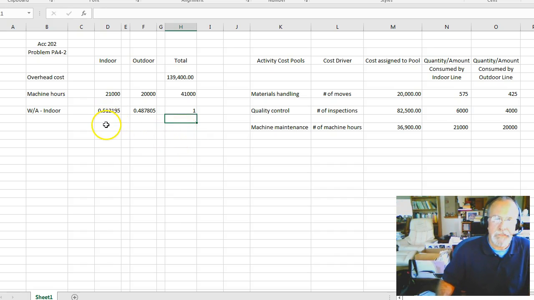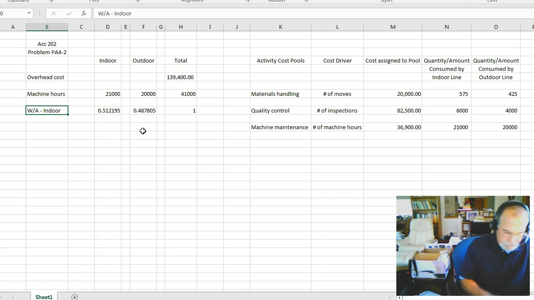So what that tells us is that using traditional cost allocation to allocate this overhead cost between the two products that the company makes based on machine hours for each of the two products, I should just call this weighted average because I've got both of them on the same line.